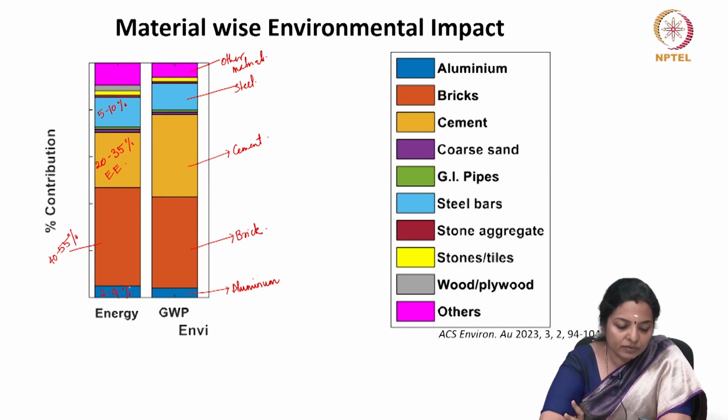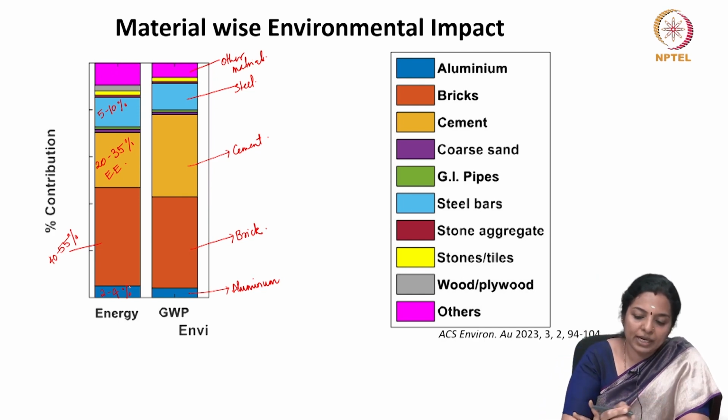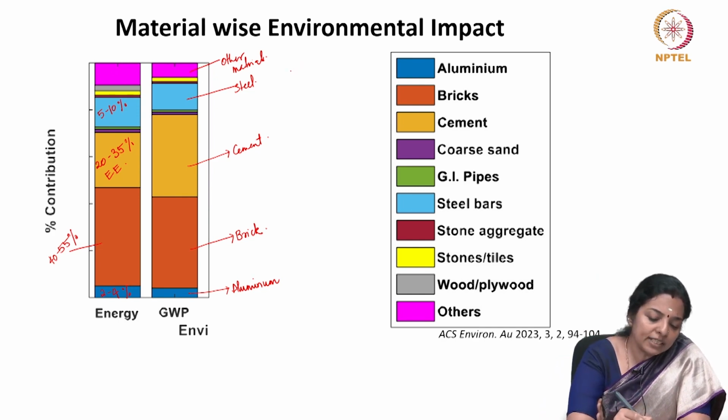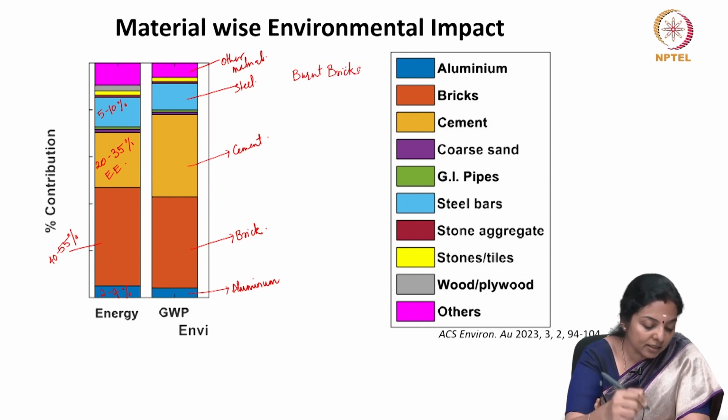So from this, what we can conclude is that one needs to reconsider use of burnt bricks, because the fuel used for burning the bricks is a major reason for increase in embodied energy as well as global warming potential.